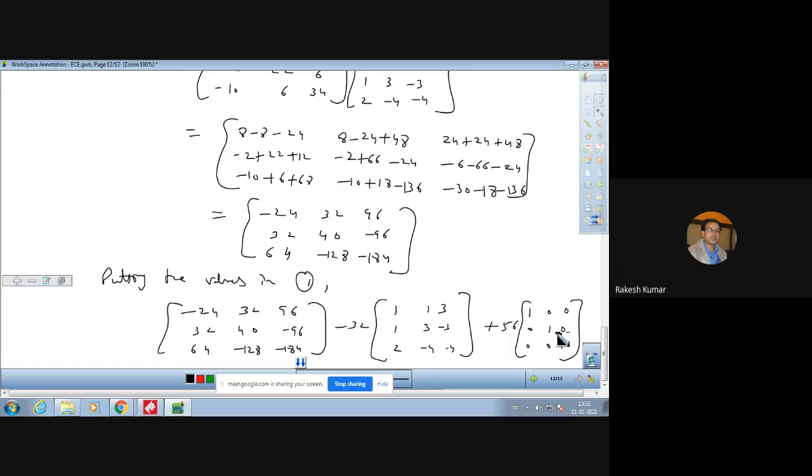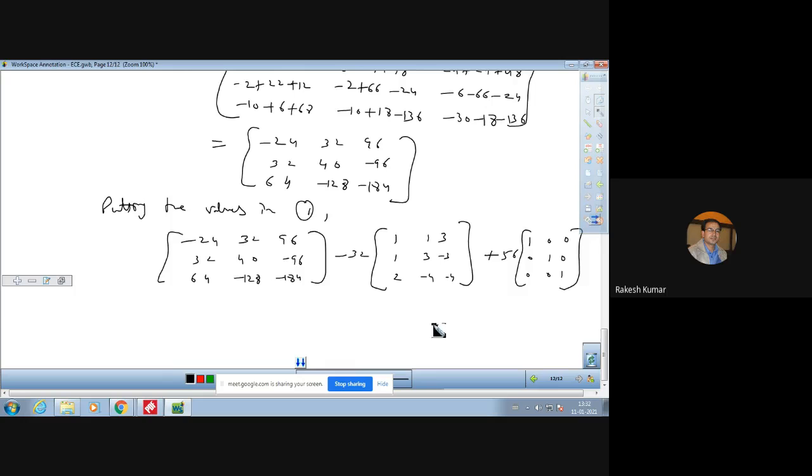And let us see, this simplification should be equal to 0 or null matrix, because this is your A cube minus 32A plus 56I. So let us check. Minus 24 minus 32 plus 56, 32 minus 32 plus 0.